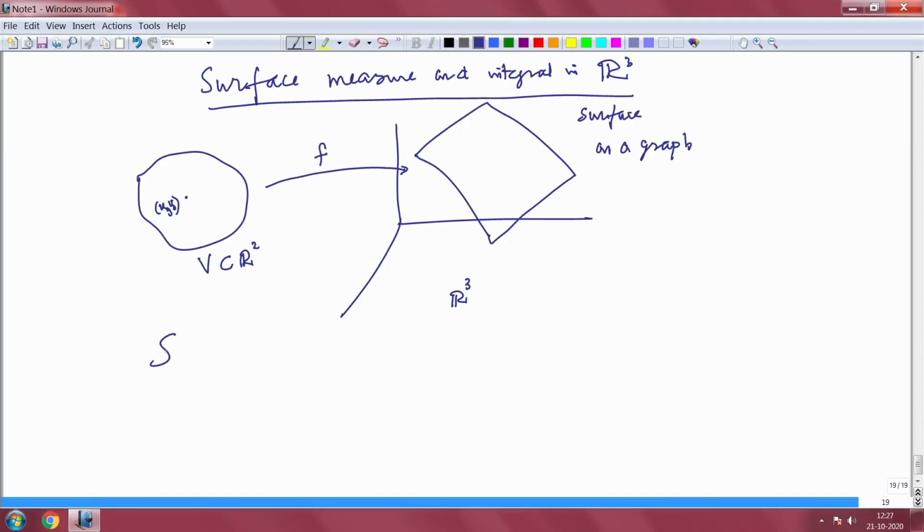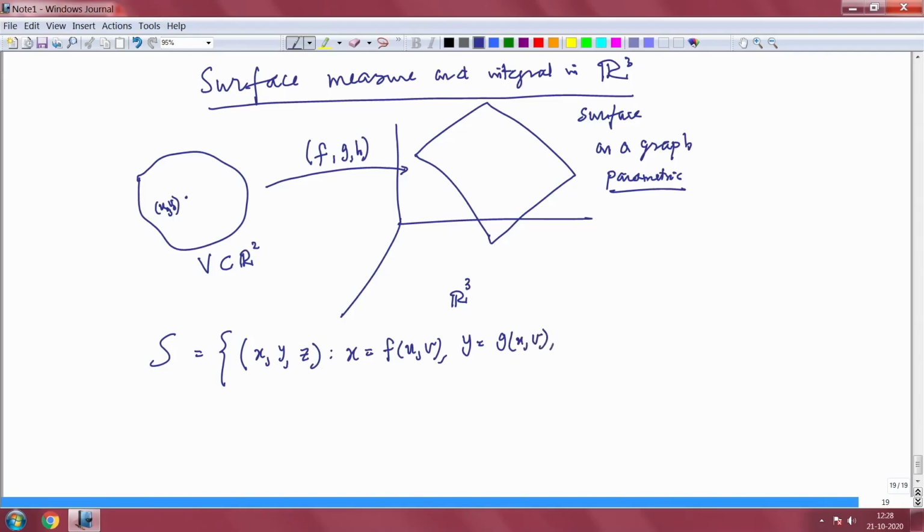So, your surface S is given by, let me write it in the simplest way you can understand, the set of all points x, y, z such that, in a graph or parametric form, maybe parametric, that is also fine, a little more general, x is equal to f of u, v, y is equal to g of u, v, and z is equal to h of u, v.